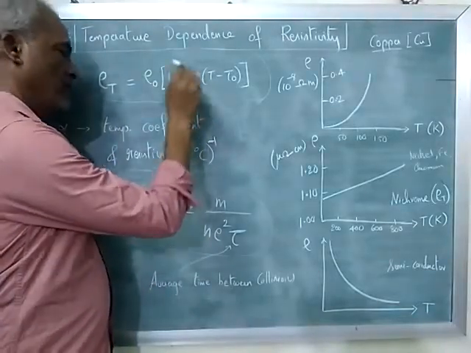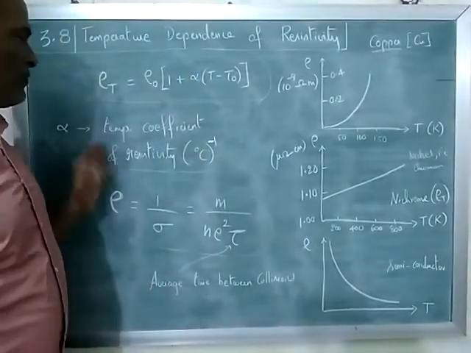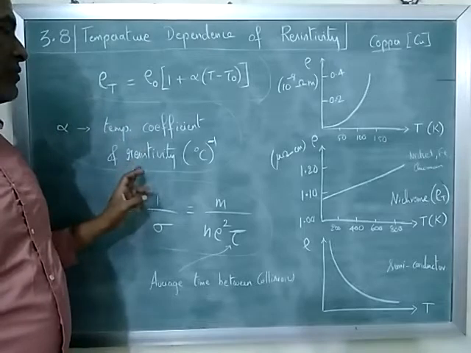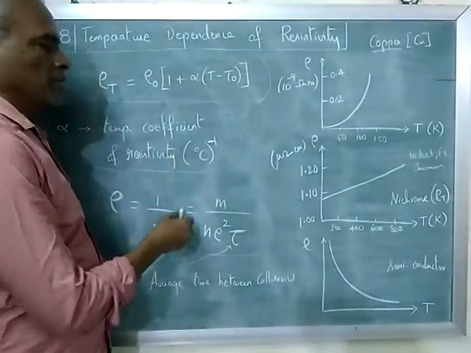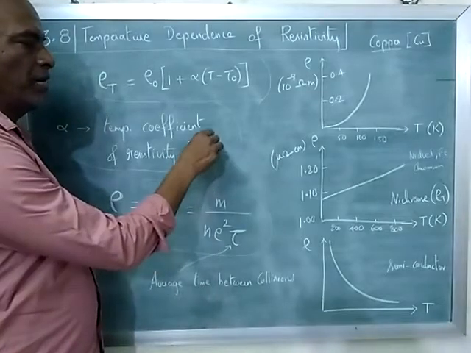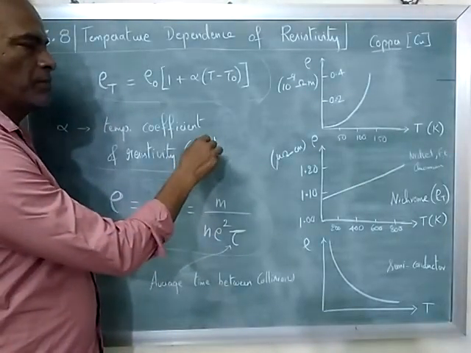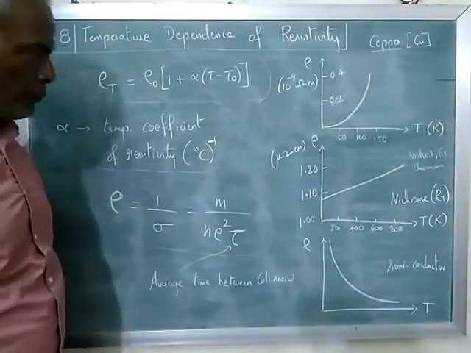Then we have alpha. Alpha is nothing but the temperature coefficient of resistivity. The unit is temperature power minus 1, or degree Celsius power minus 1.